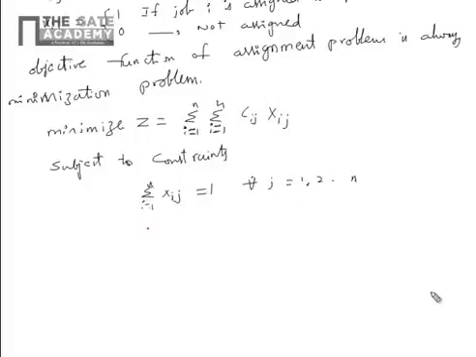Similarly, for each operator there may be only one job assigned, and vice versa. The non-negative constraint is Xij greater than or equal to 0 for all i and j. This is a linear programming problem.